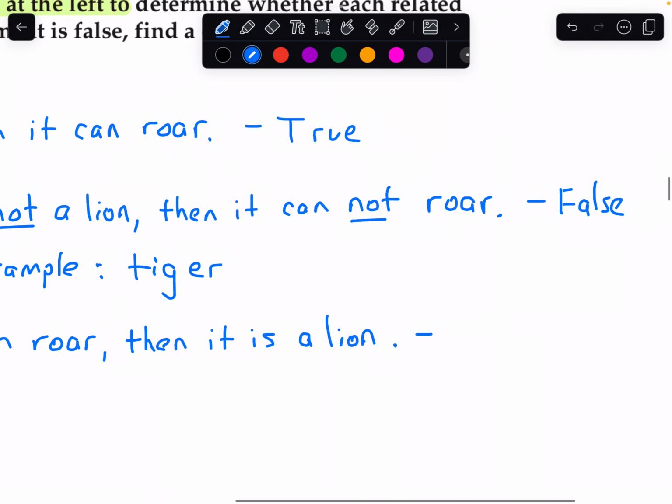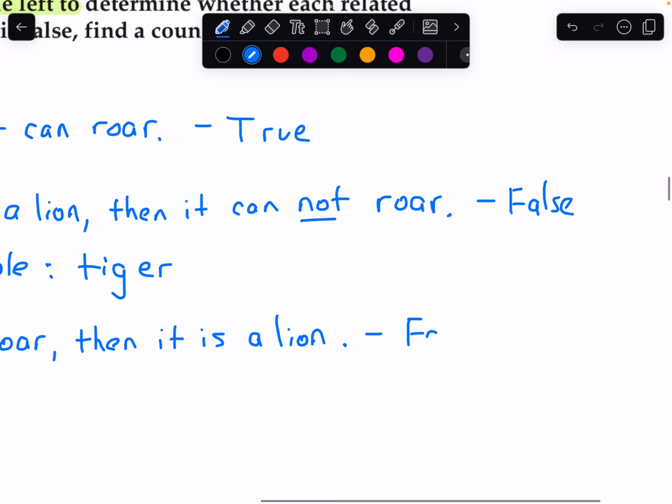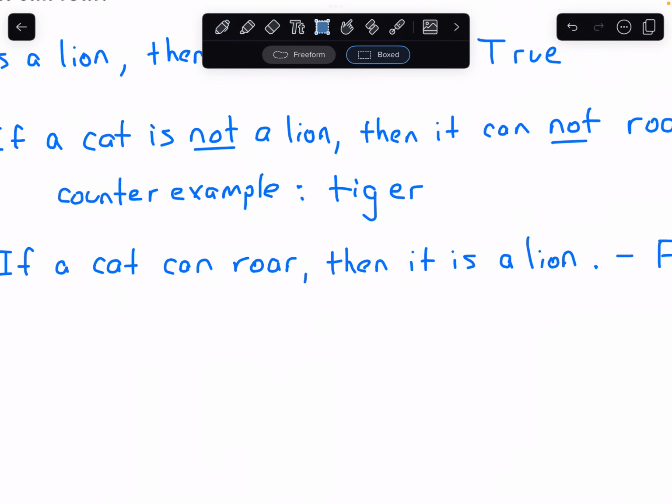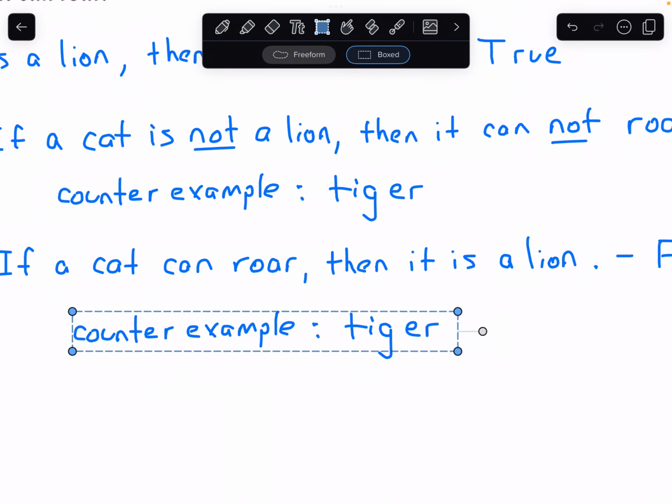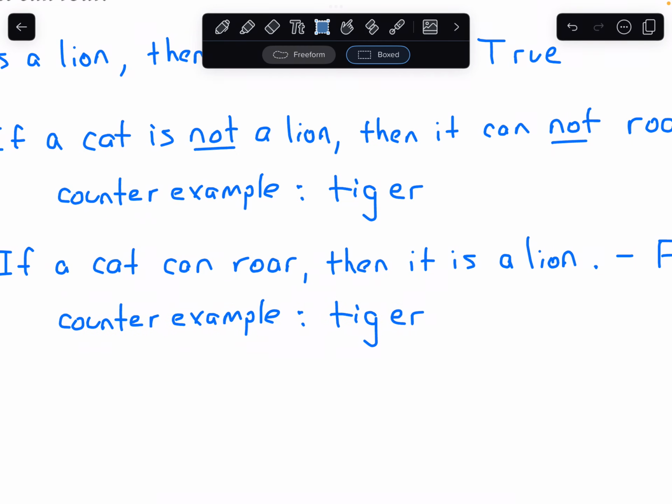This is also false. And we can use the same counterexample as before. Any cat that can roar could be a lion, but it could also be a tiger again.